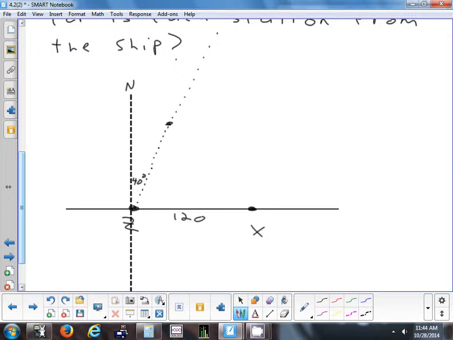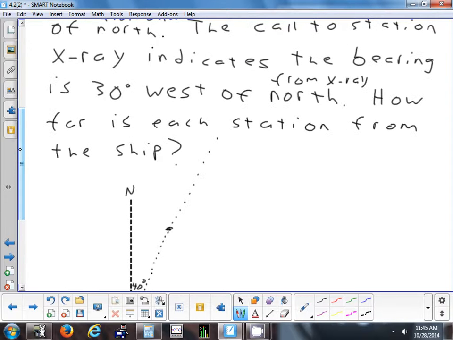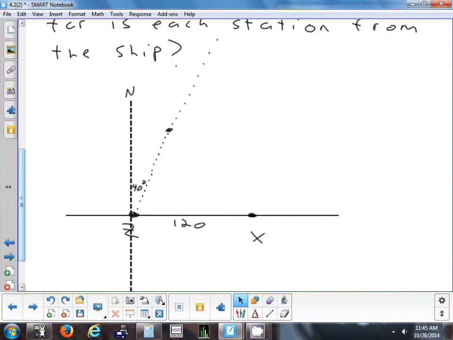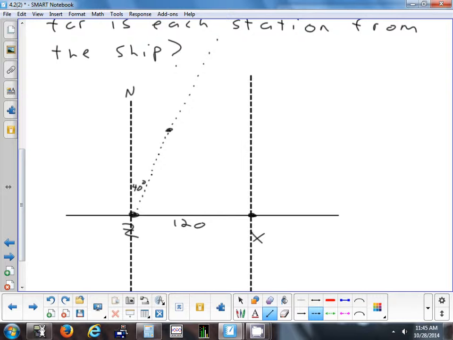This is where the second station comes in. Okay, so the second station says that they received a radio signal on a bearing 30 degrees west of north, from their position. So again, let's draw our compass. That line is just there to represent north.